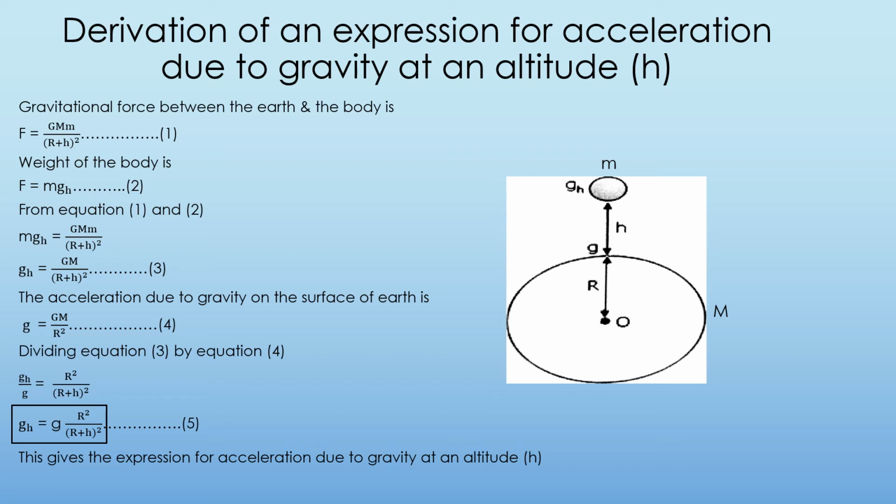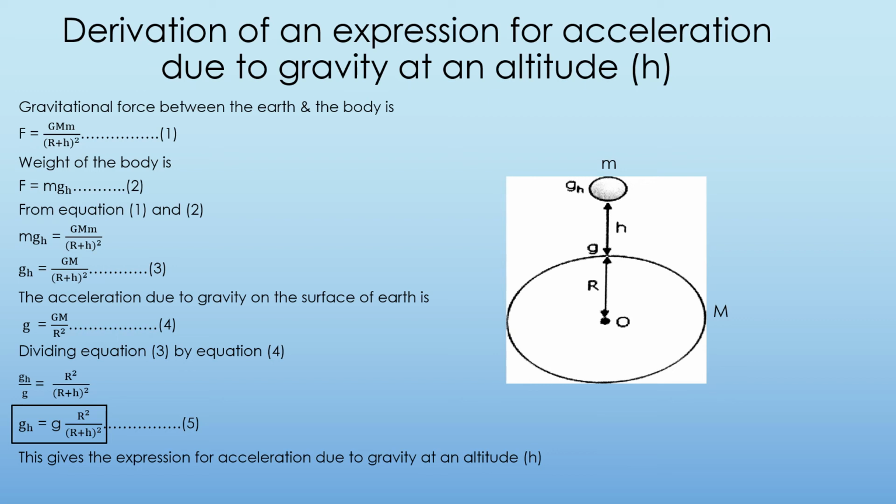Now dividing equation 3 by equation 4, 3 is g_h and 4 is simply g. So g_h by g is equal to R square by R plus h whole square, where capital G and capital M get cancelled.